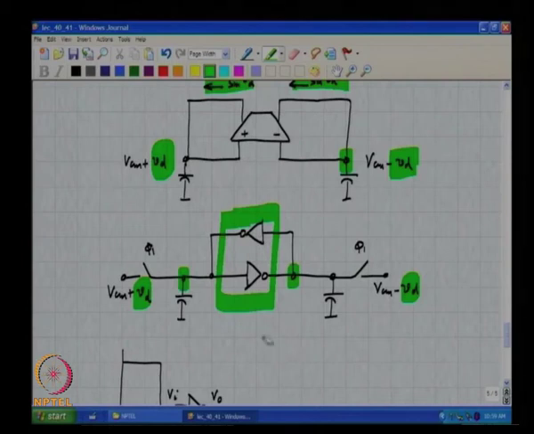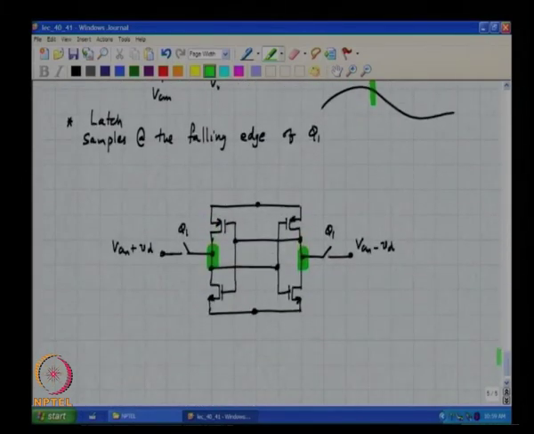So, it does not make sense for these two to be active during the writing process, which means that during the writing process, that is when phi 1 is high, these two inverters must be, what must they be doing? They must be disabled. So, what do you think I can do to disable them?